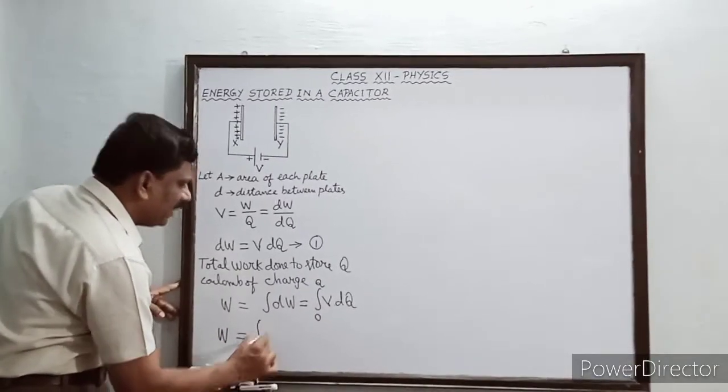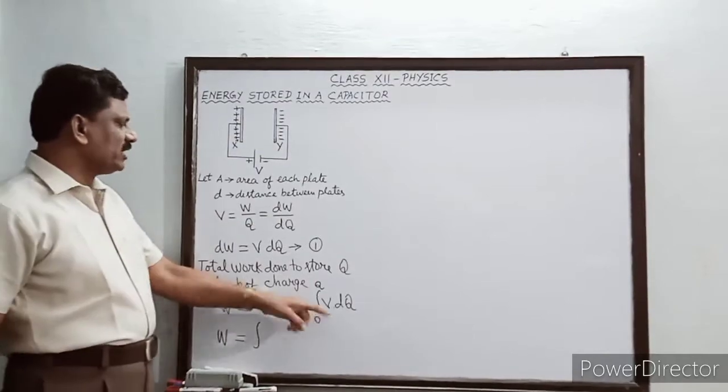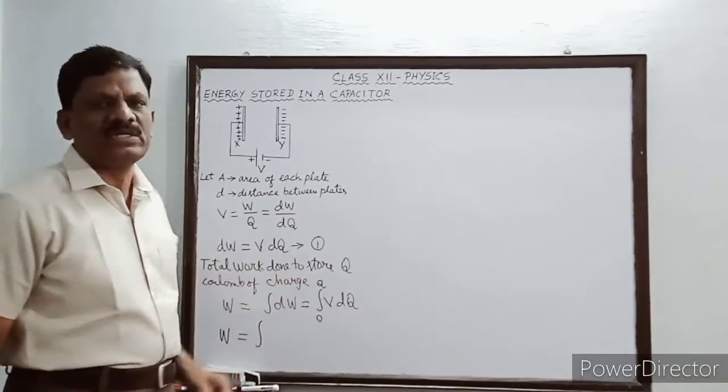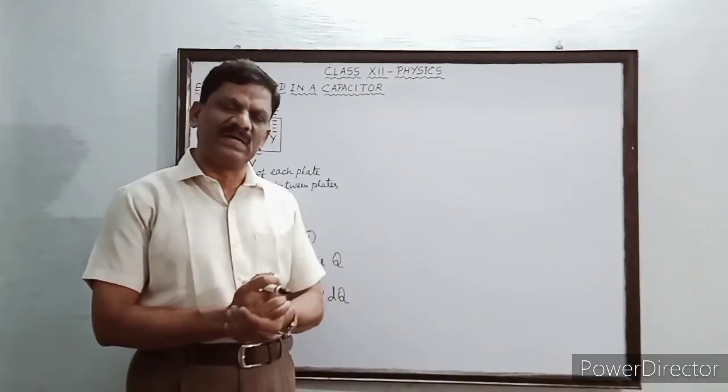What is the relation between the potential difference V, the quantity of charge Q and the capacitance of a capacitor?